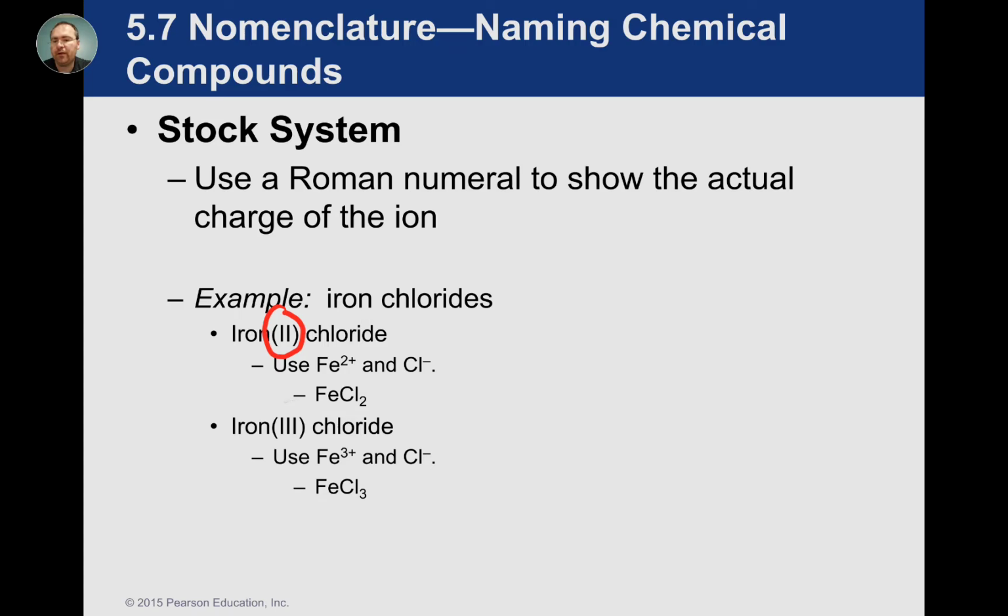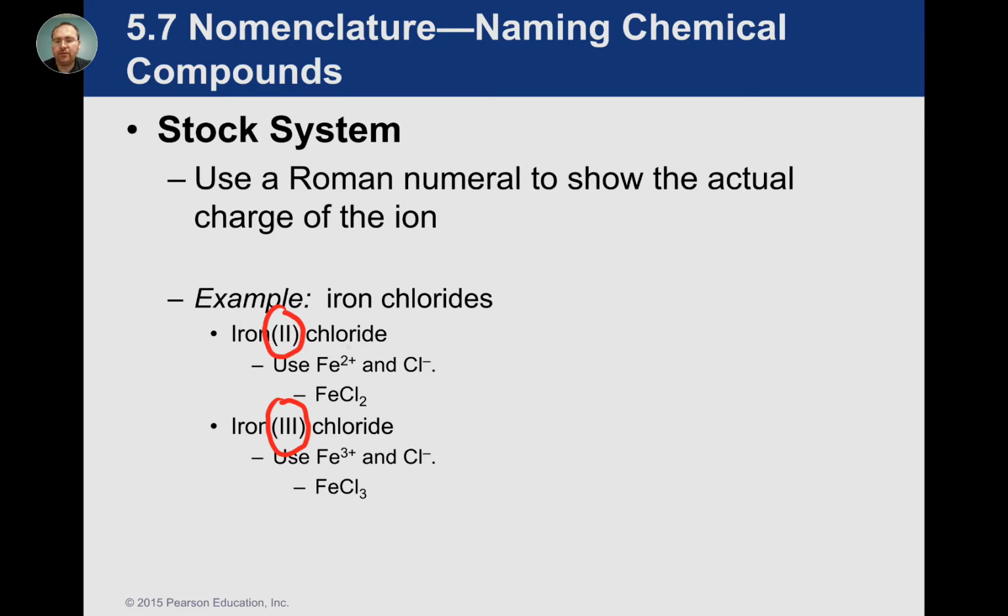If they want you to use iron 3, they say use iron 3 by giving you Roman numeral 3. So the stock system is new. And unfortunately, because it is so new, those really old companies like General Mills that make cereal, they're not with the new times yet and haven't been using these like they should. So we're forced to learn both, which is to our disadvantage.